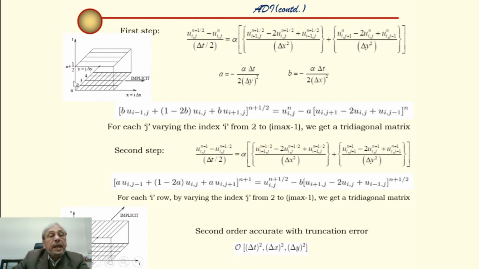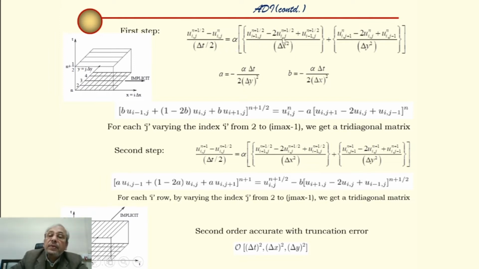So in time direction, here we progress n plus half, and then we write, as we stated earlier, uij at n plus half minus uij at n divided by delta t by 2 into alpha.